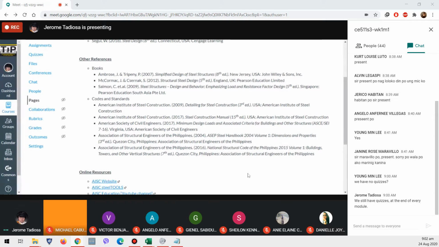Most of the structural steel design code provisions in NSCP are based on the AISC Steel Construction Manual. However, this one is more tailor fit for local use. For example, AISC uses English units since it is based in the United States, while in the Philippines we mainly use SI. That's one of the differences between NSCP and the AISC Steel Manual.